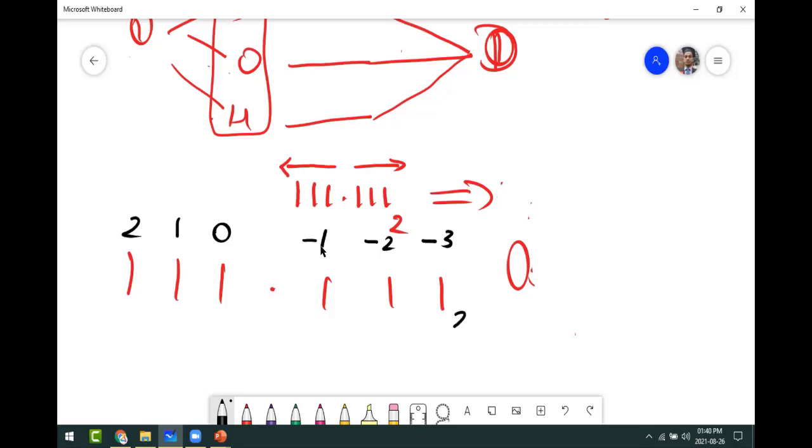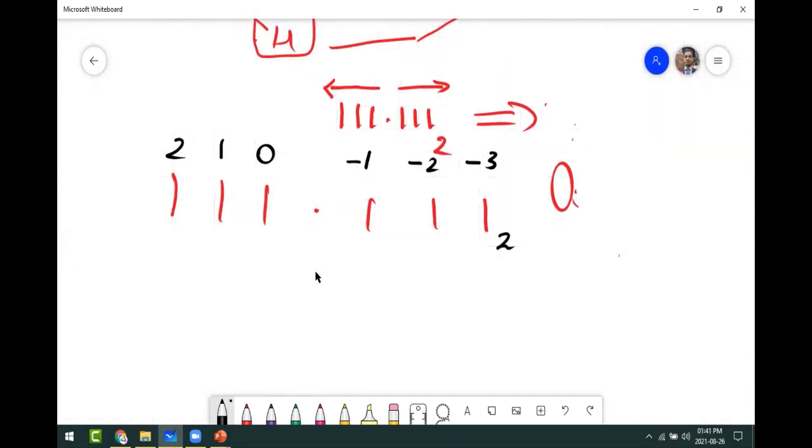Since this is base 2, you have to multiply by that base. So 2 to the power 0, 2 to the power 1, 2 to the power 2. Here put the decimal, 2 to the power -1, 2 to the power -2, 2 to the power -3. So what you have to do? You have to add all this.